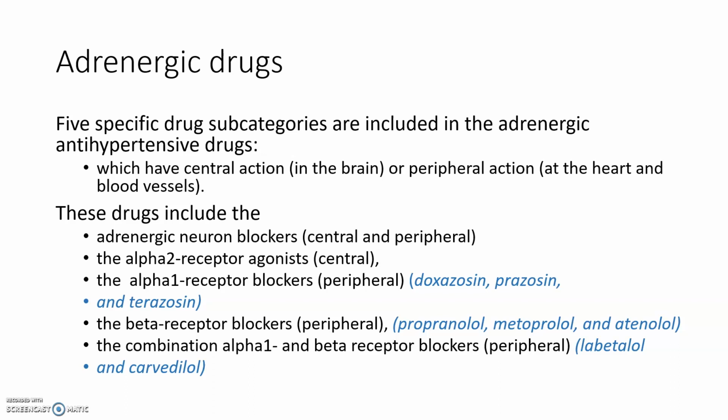When these are blocked, blood pressure decreases. Beta blockers also work in the periphery. These are drugs like propranolol, metoprolol, and atenolol, and these have antihypertensive effects related to a reduction in heart rate, which is beta 1, and they also decrease your renin hormone.